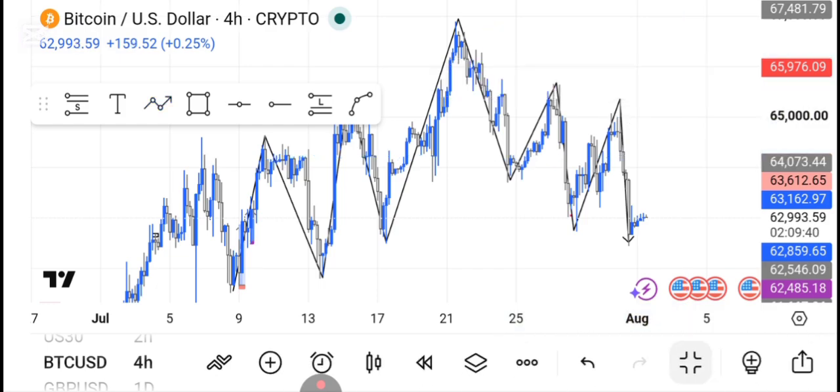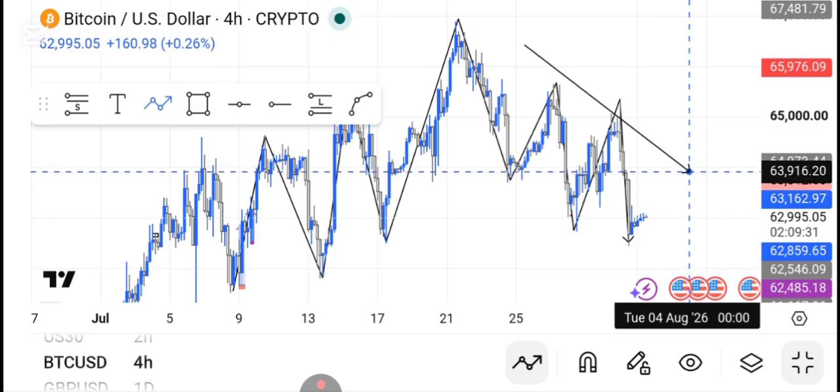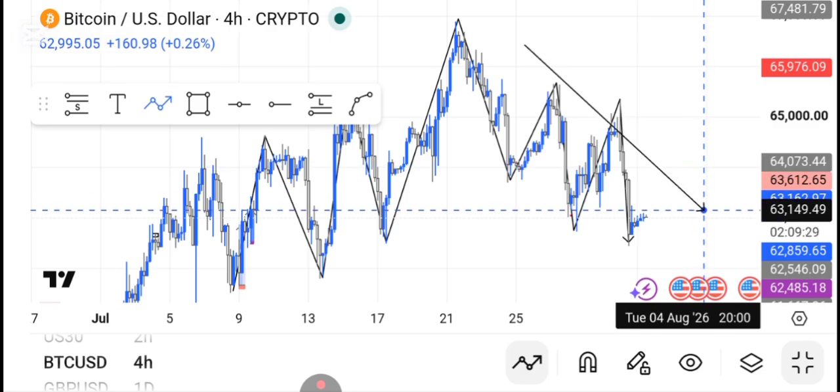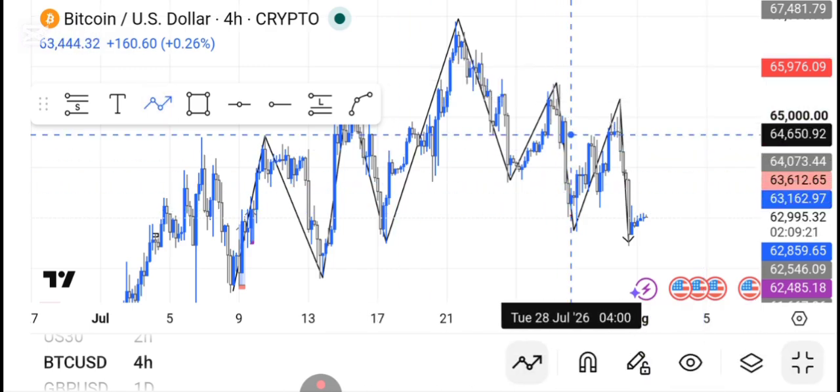The best thing to do when the market is downtrending like this, when you get the directional bias of the market to the downside, the only opportunity to look out for is sell opportunity. Don't try to trade all these pullbacks that you are seeing here.